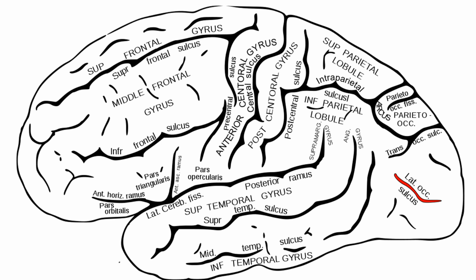So in the frontal lobe, try to identify the precentral sulcus and the precentral gyrus, then the superior and inferior frontal sulci and the superior, middle and inferior frontal gyri, the ascending and anterior rami of the lateral sulcus, and the three regions in the inferior frontal gyrus, pars orbitalis, triangularis and opercularis.